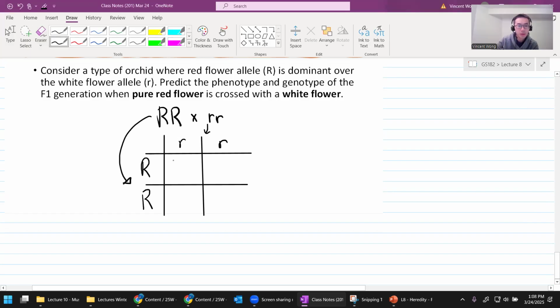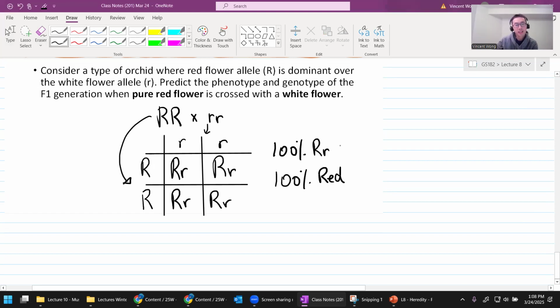Big R, small r. And it turns out to be 100% big R, small r. That's the genotype. And 100% red. Remember, if we start with pure parents, all of the F1 will have the dominant trait.